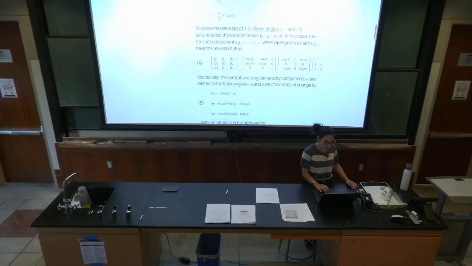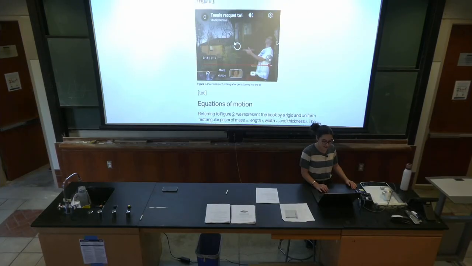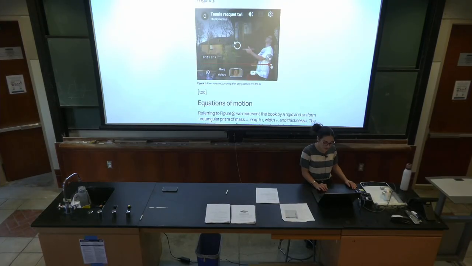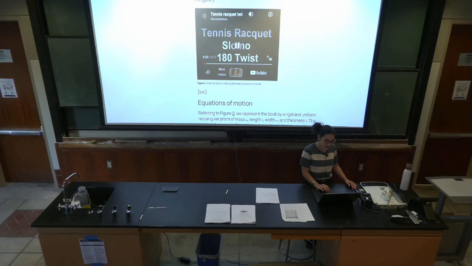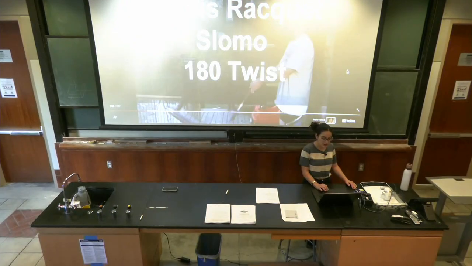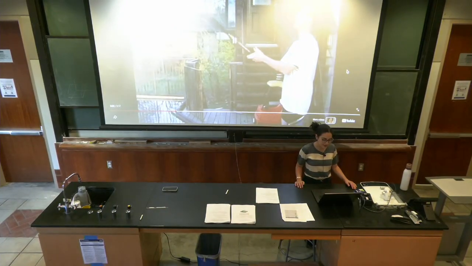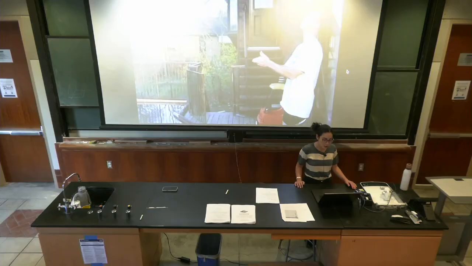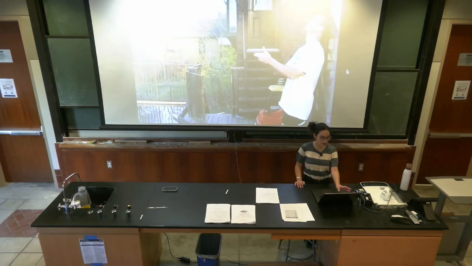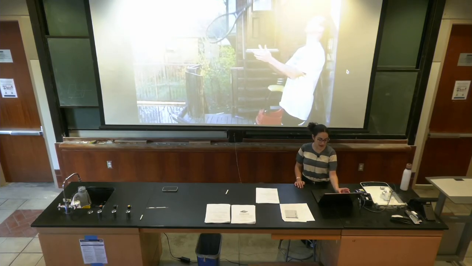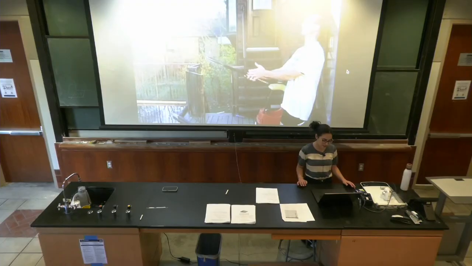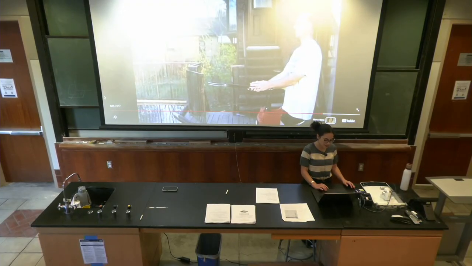So for those who are late, we're talking about this effect here. I take a rigid body, for example a tennis racket, and I rotate it, and somehow there's this kind of extra rotation in the air.